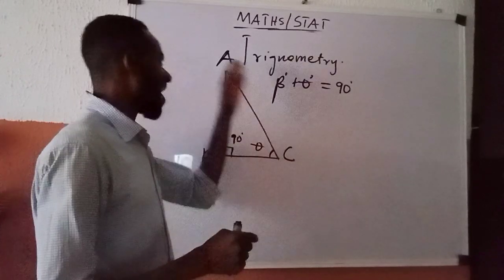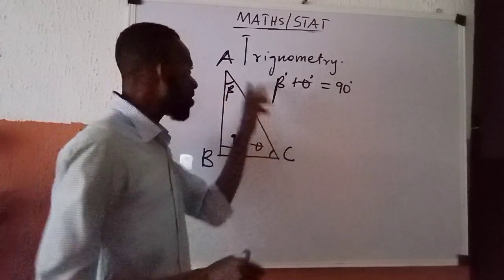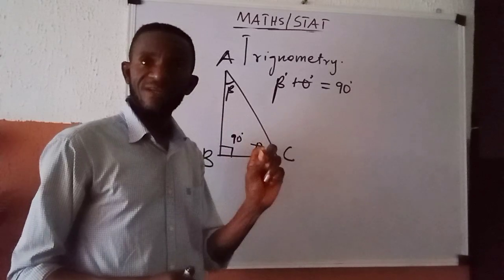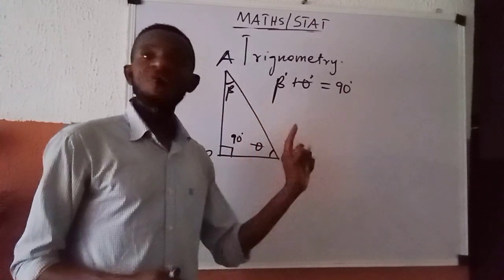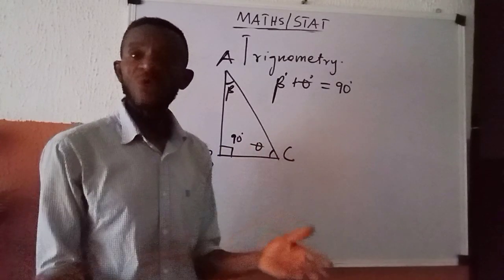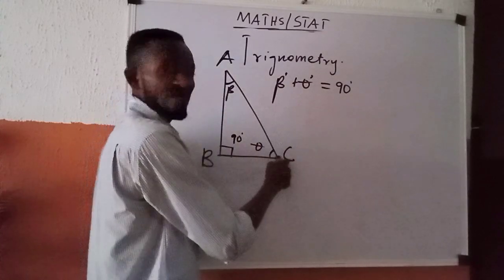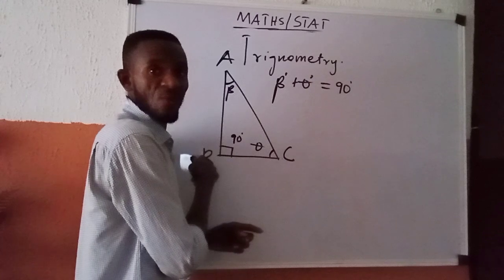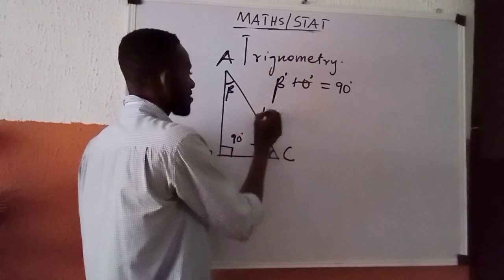Of course, when we write the edges with a capital letter, we write the lengths with a small letter. And this small letter is the small letter of the capital letter opposite to that line. What do I mean by this statement? This line A to B is opposite to this capital letter C, so I am going to write here small letter c.